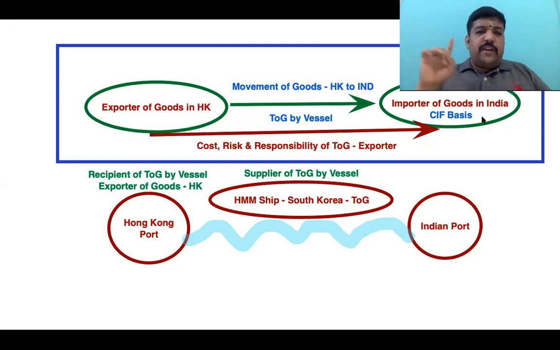The supplier is going to be the respective academy. The recipient is going to be the respective noble soul who paid the fees. Sir, I only paid out of my own money. That is why I told you 20% of you will go to some other model, the FOB model. I'll come to that later.